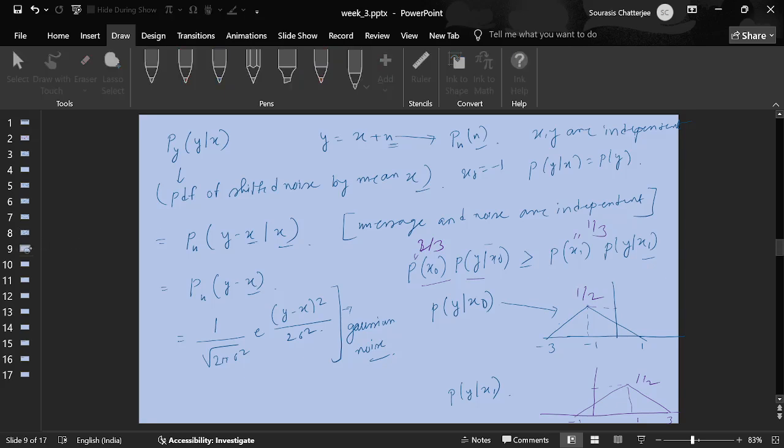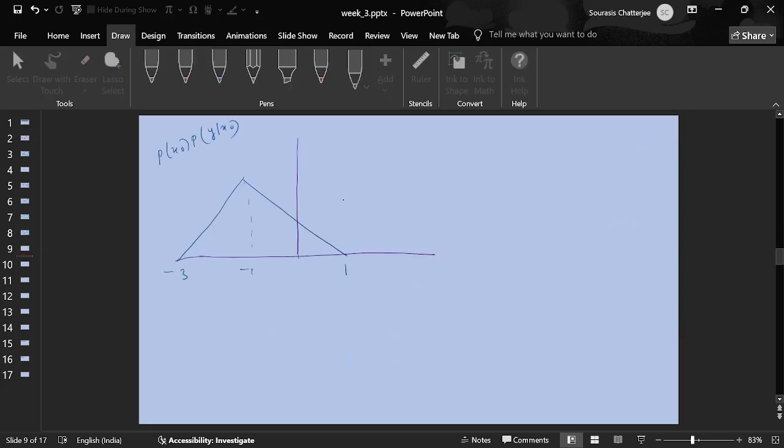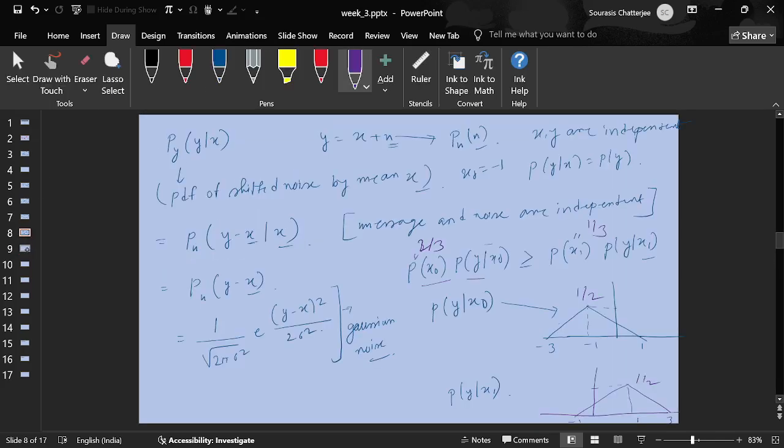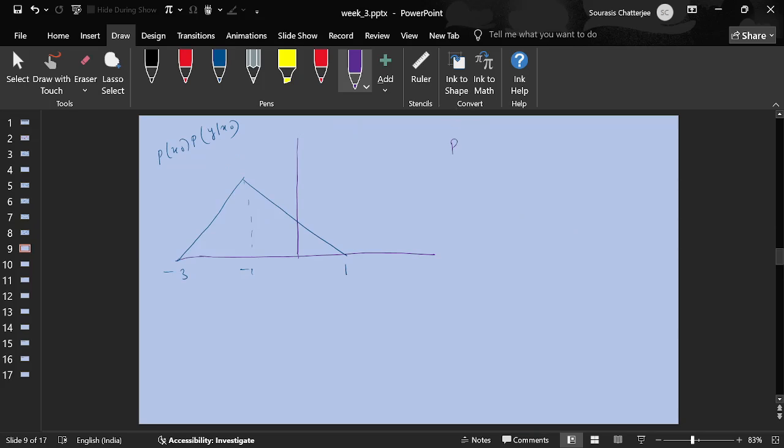So what do you think the PDF of P of x1 times P of y given x1 is going to be? Taller than this, or shorter, or equal height? No, it should change. It should be taller or shorter.